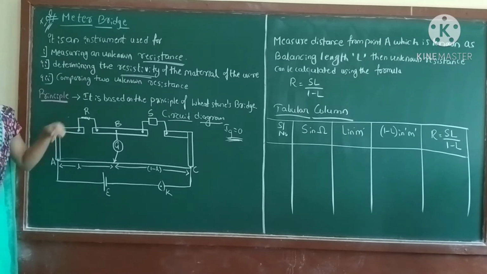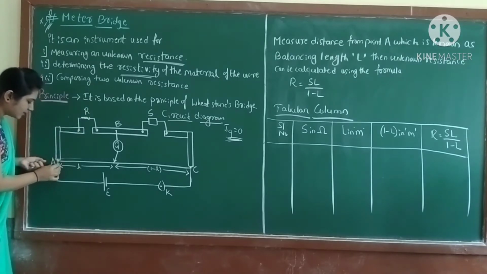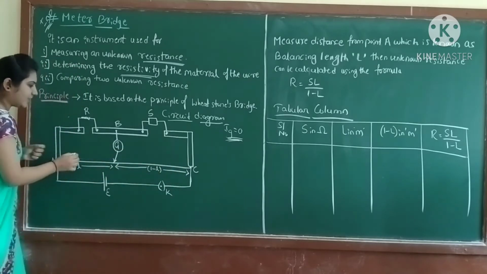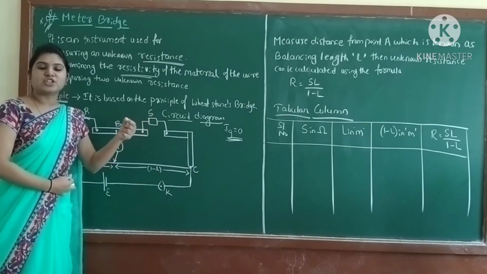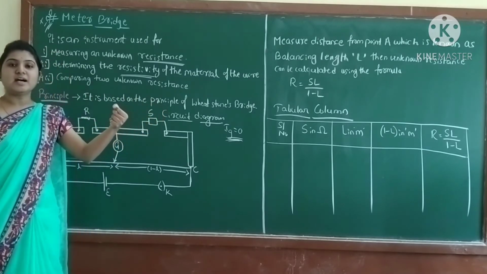There is a wooden box, and on that we are stretching the wire. This is the wire. This is the wooden box, and on it the wire is stretched like this. Stretching means from A to C I am taking the wire.